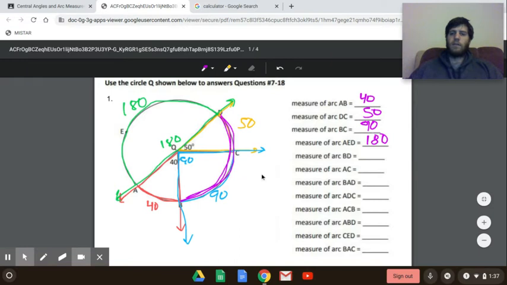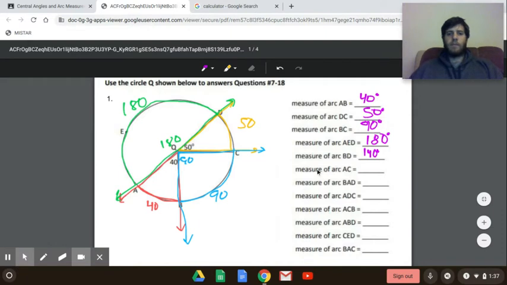So we're simply going to do 90 plus 50, which is going to be 140. So this arc right here, minor arc BD, is 140 degrees, 90 plus 50. And these should all be degrees.